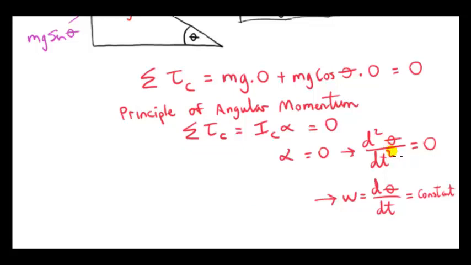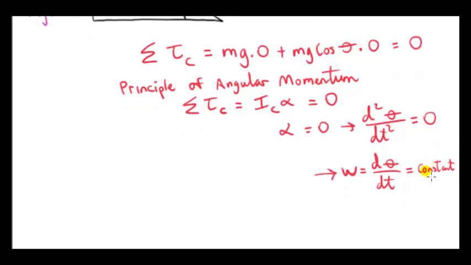So from this we see that the first derivative must be a constant, it must be fixed. But this is the angular velocity, also called omega. If omega is constant, then if we differentiate a constant with respect to time, we get 0. It doesn't change with time.